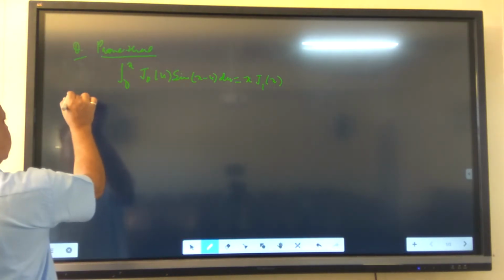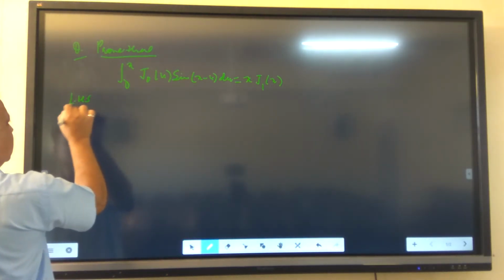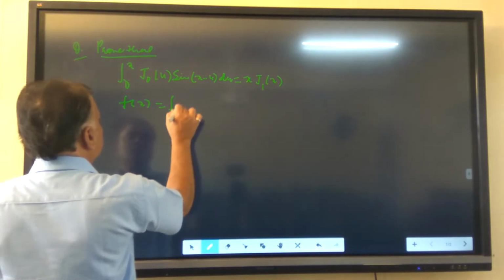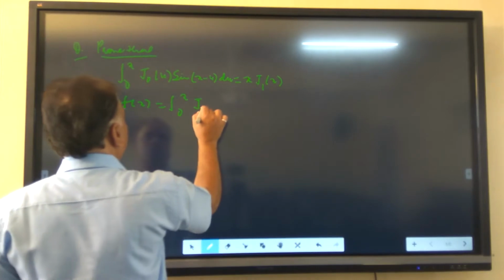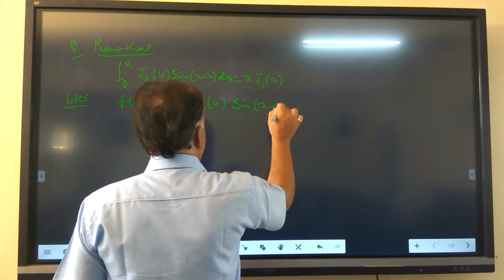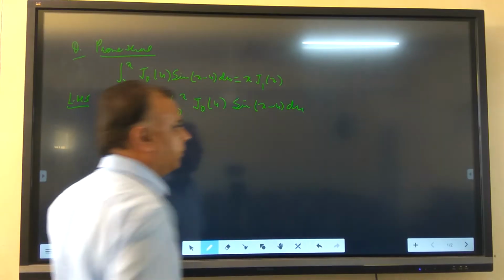Now the left hand side: let f(x) be the integral from 0 to x of J0(u) sin(x minus u) du.